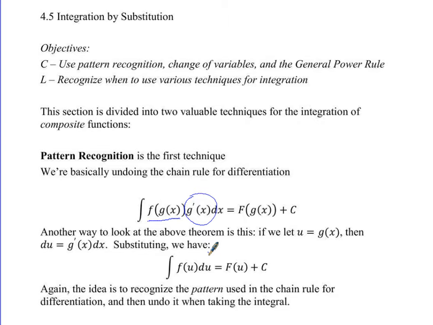It's just f of x dx, same thing. And then you integrate that function and you get that plus c. So the idea here is not to get hung up on the language or the notation that you see. It's to recognize a pattern. You're looking for something that created a chain rule type situation, and you're just undoing that for the first part of this section.